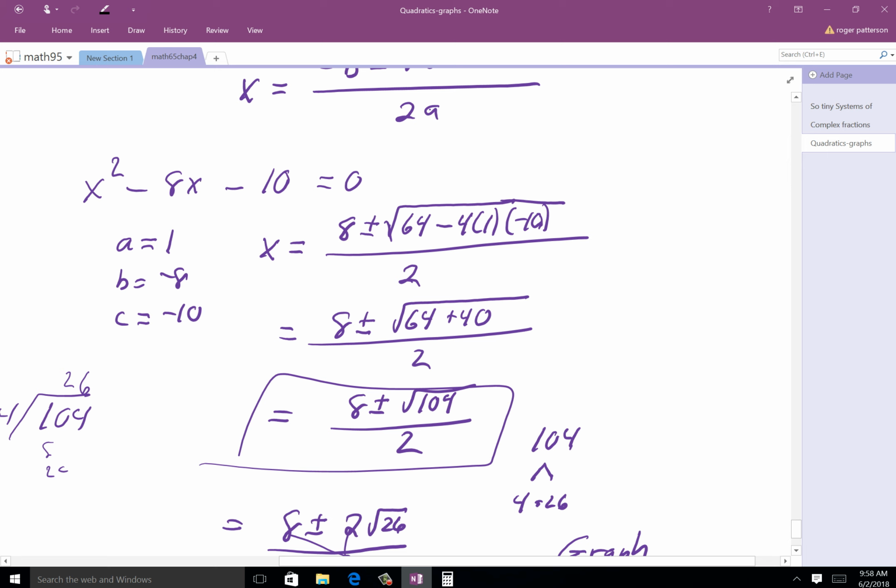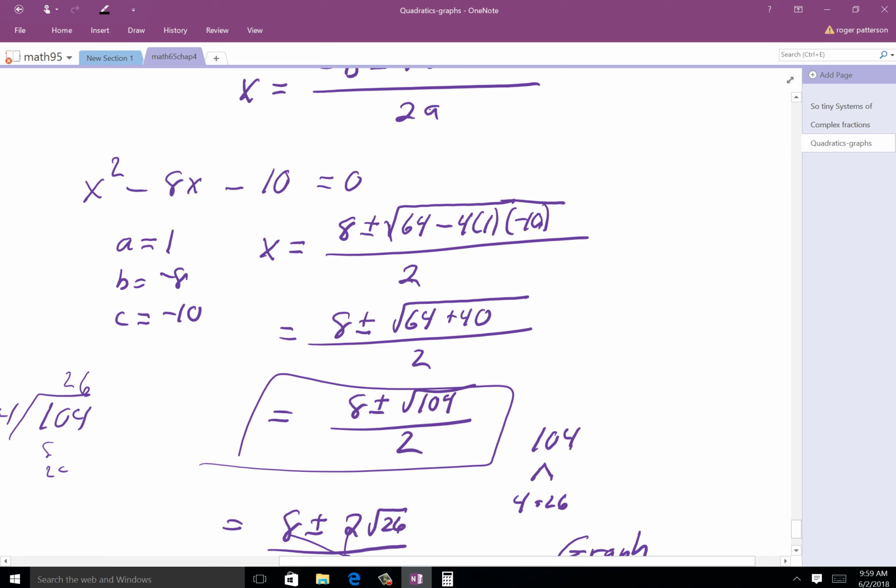But if I come down here and type this in, parentheses, 8 plus square root 104, divided by 2, 9.09. If I come up here, click on that plus, make it a minus, negative 1.09.